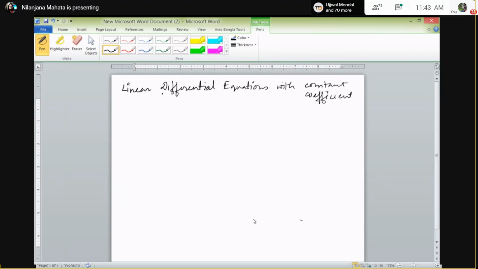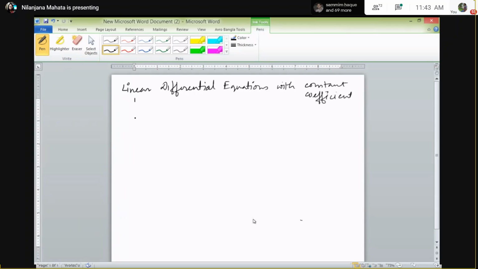We have already solved only the first order linear differential equation, right? Now we will solve higher order linear differential equations. One chapter will be with constant coefficients, and there will be some problems, Cauchy-Euler equations, which we can transform to linear differential equations with constant coefficients.